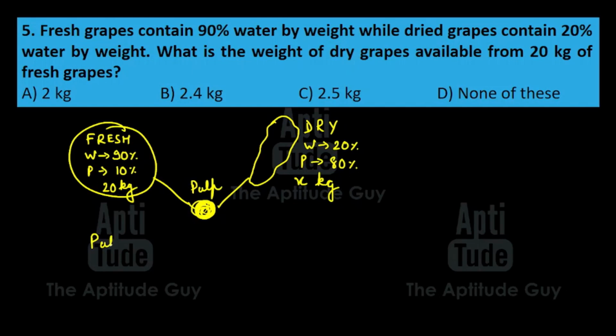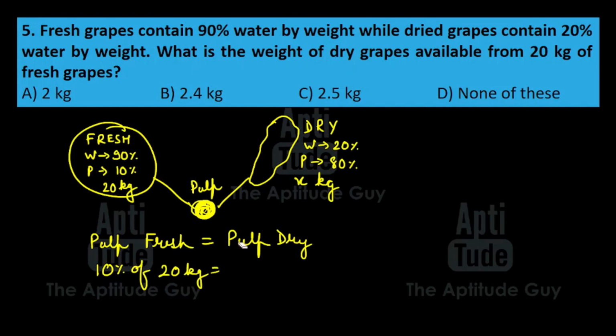So we have the pulp from fresh grapes equals the pulp from dry grapes. What is the pulp from fresh grapes? Pulp is 10%. 10% of 20 kg equals the pulp from dry grapes. Pulp is 80% of how many kgs? X kgs.